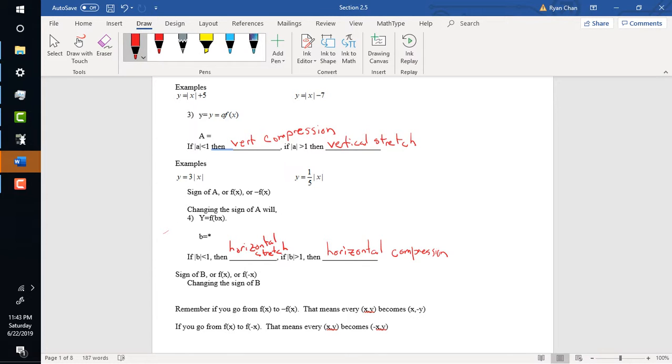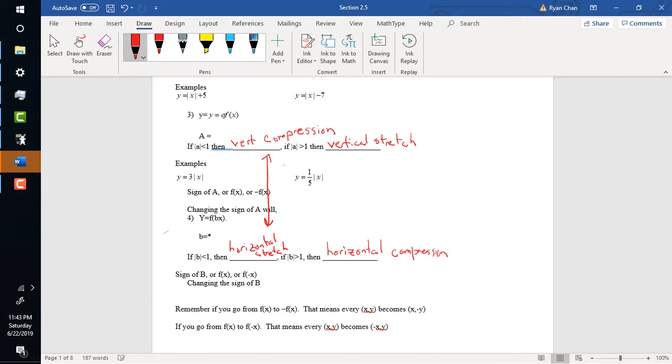If you're compressing vertically, if something is pushing downwards, your object will essentially be stretched horizontally. In other words, vertical compression is the same as a horizontal stretch.